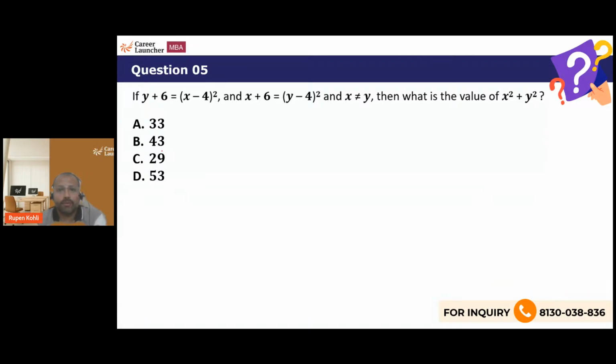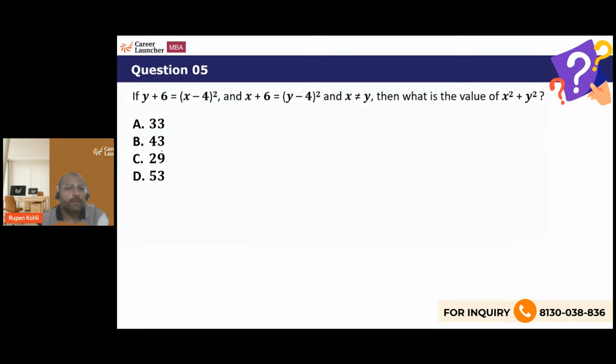Let's see if you can understand the requirement of this problem. All right, so let me start. If you are getting the answer, please let me know.